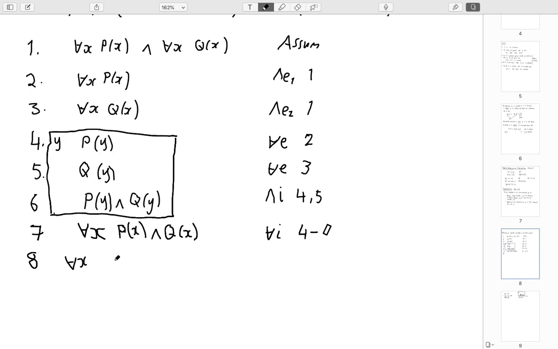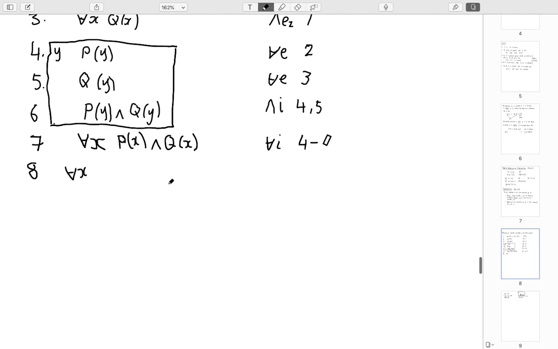So for all x, px, and for all x, qx, implies for all x, p x and q x, with a bracket.